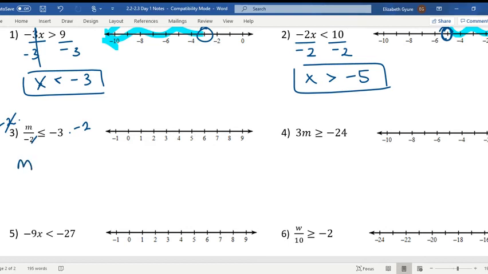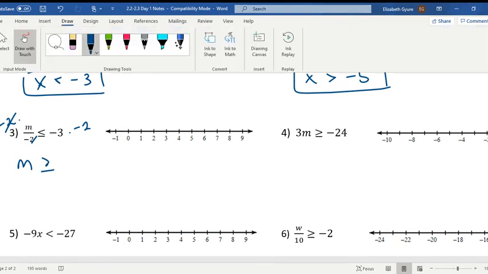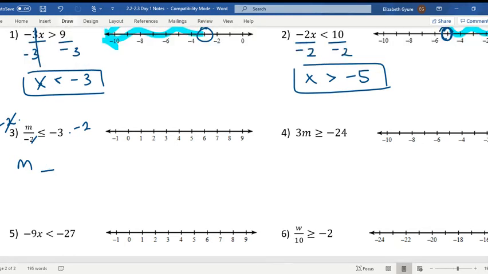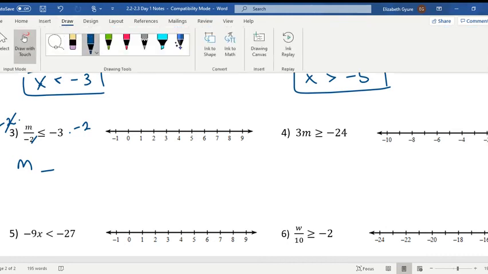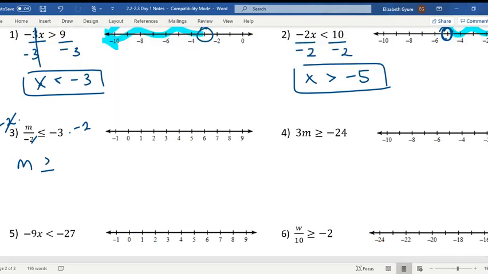Corey, do I need to flip my inequality symbol? Yes, I do. I need to make this a greater than or equal to. And then be careful here. What's a negative times a negative? A positive. Good. And then 3 times 2 is 6. So it'll become m is greater than or equal to 6. So Alex, open or closed circle at 6?